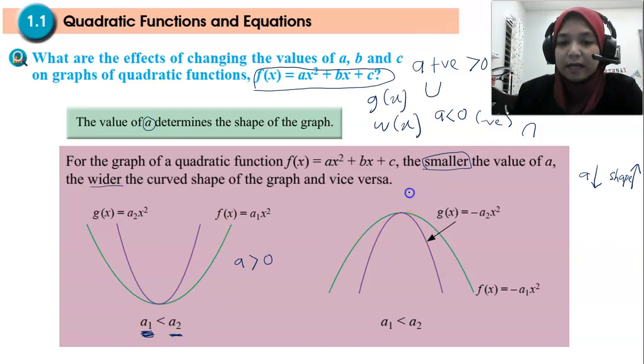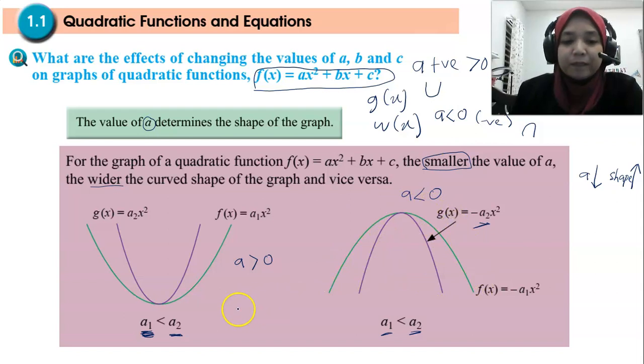For graph a less than 0, which is the sad graph, when a1 for f(x) is less than a2 of g(x), it means a1 has a wider shape of graph.